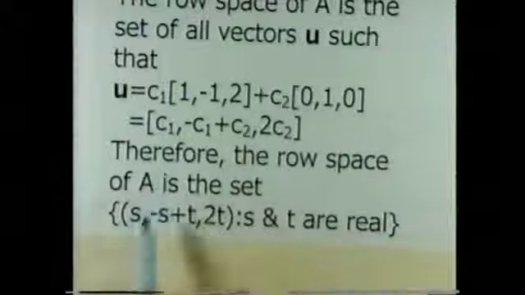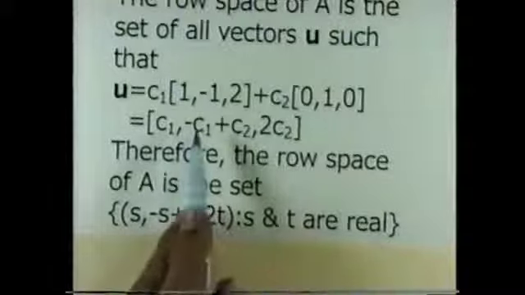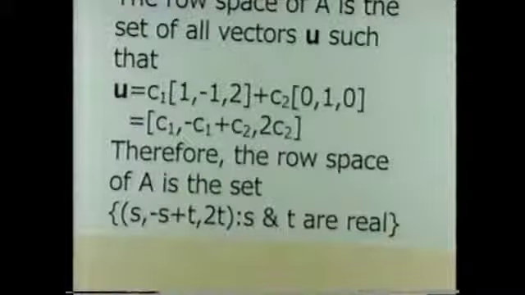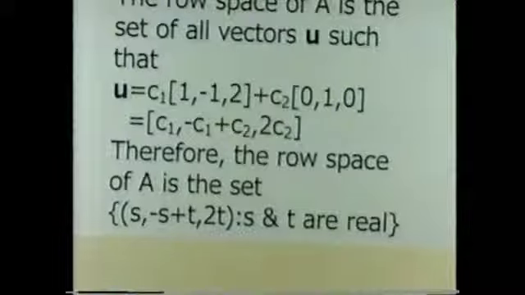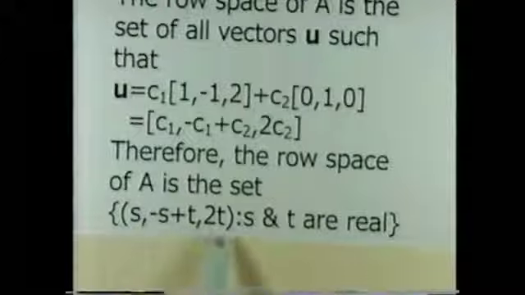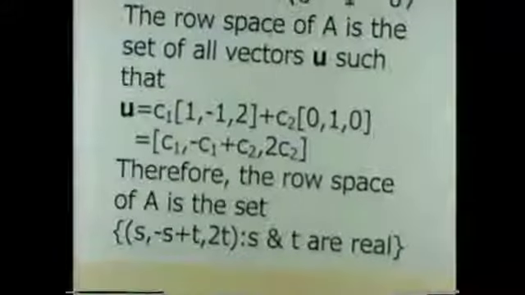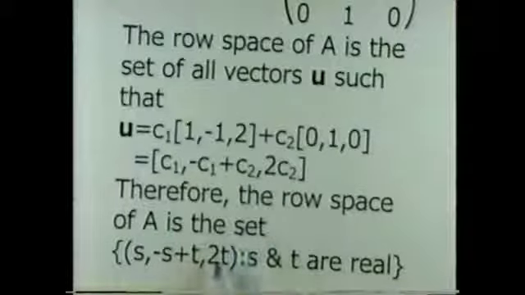If we write it in terms of parameters s and t, letting c1 be s and c2 be t, the row space is the set of vectors (s, -s + t, 2s), where s and t are any real numbers. So here is the row space of matrix A. Again, you take the rows of A, form the linear combinations, and you get the row space.